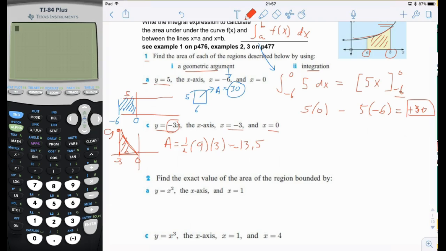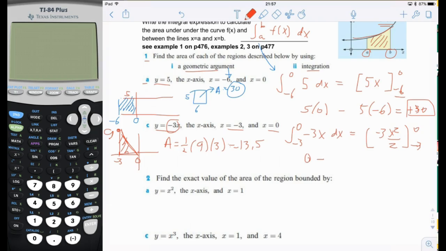And what if we took the integral of this function? Then it would be the integral of -3x from the limits -3 to 0 with respect to x. Remember that the integral of x is x squared divided by 2. And we're going to evaluate this definite integral from -3 to 0. First we plug in 0 and we just get 0.